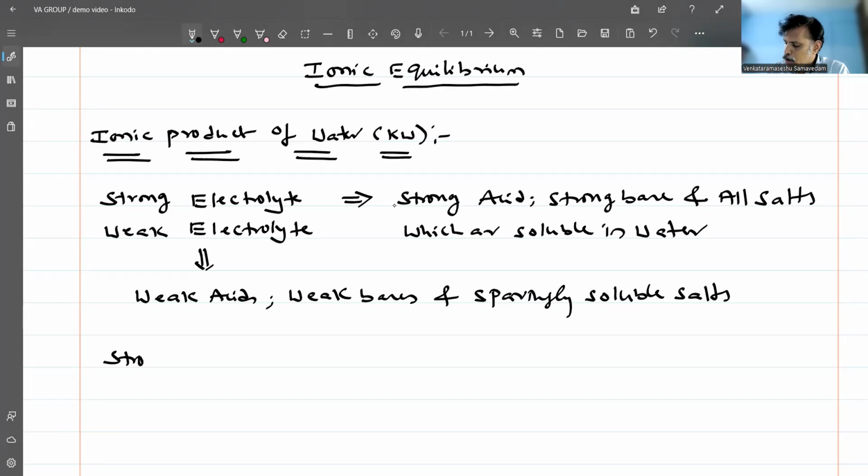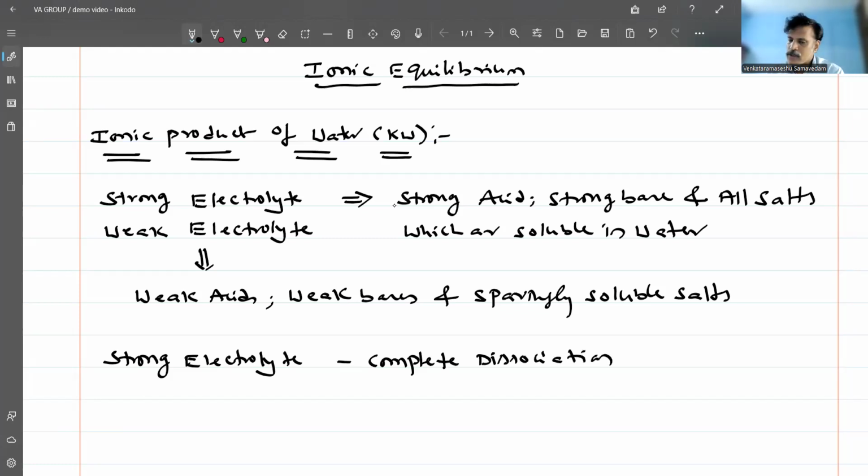A strong electrolyte is nothing but these substances undergo complete dissociation or ionization.